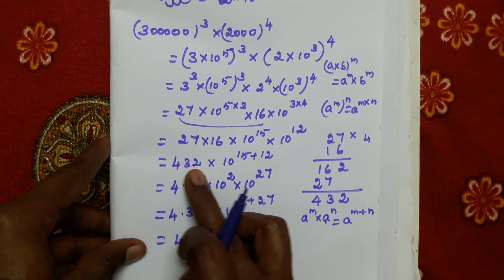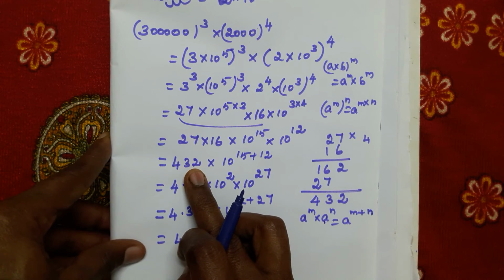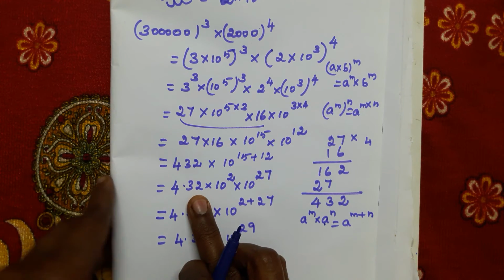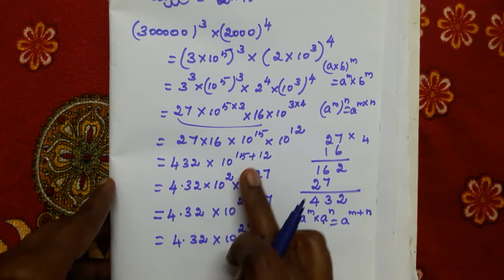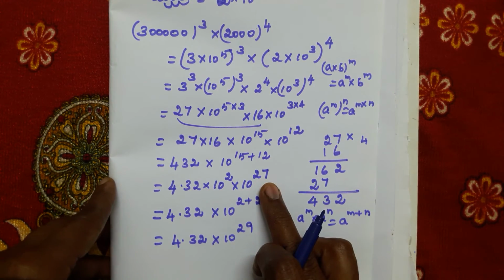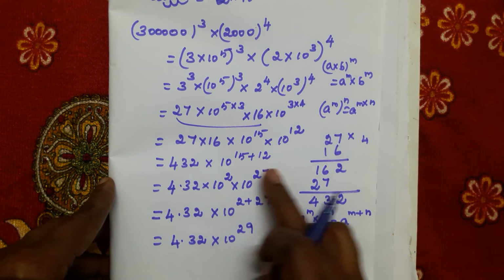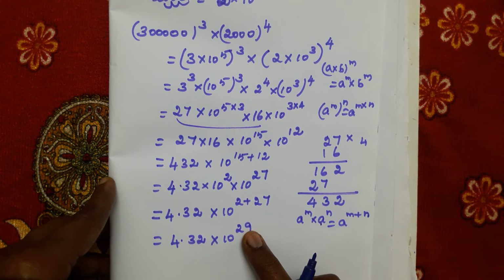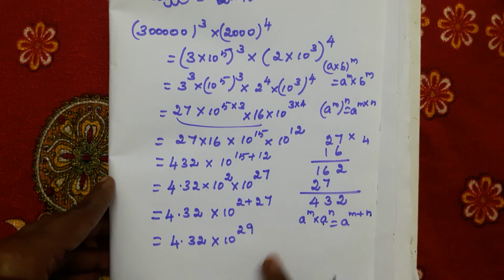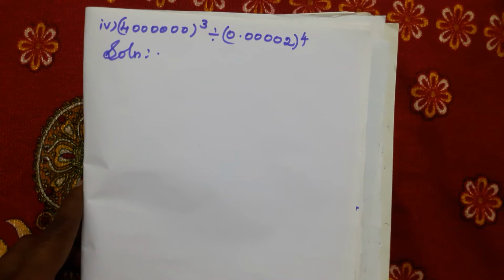It is not in scientific notation. This we can write as 4.32 into 10 power 2. When we add this, 27 into 10 power 27. So 4.32 into 10 power 2 plus 27 is equal to 29. So it is equal to 4.32 into 10 power 29.